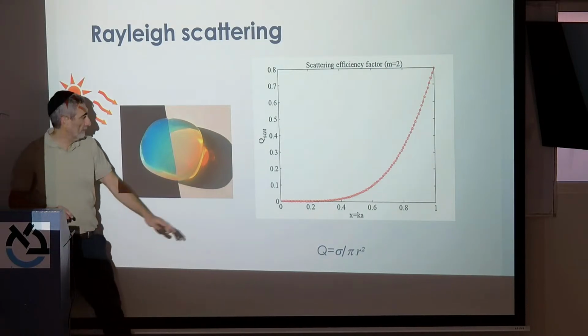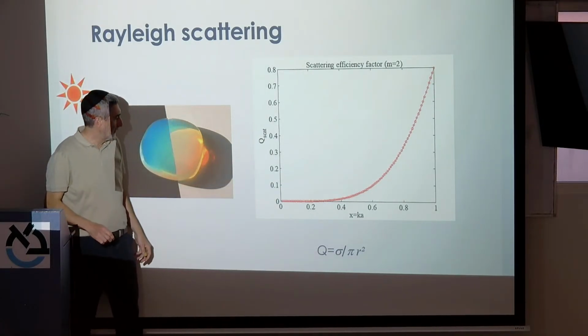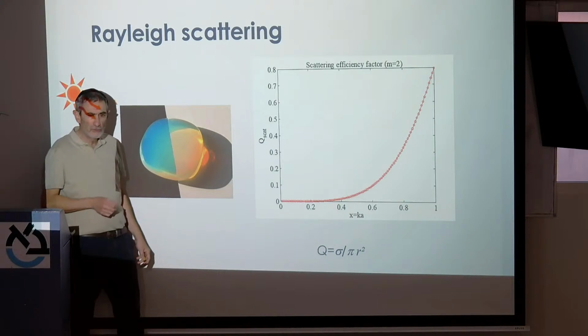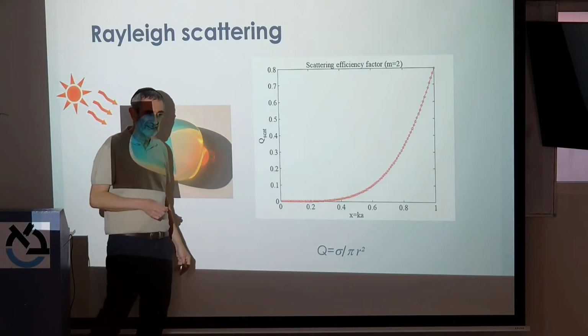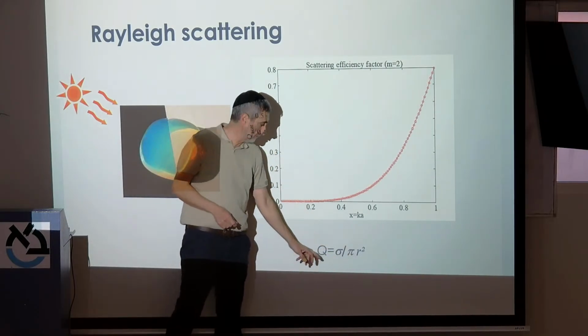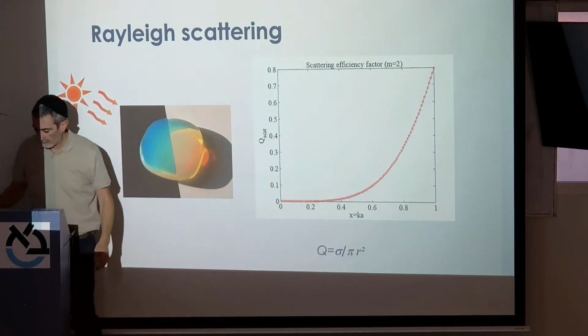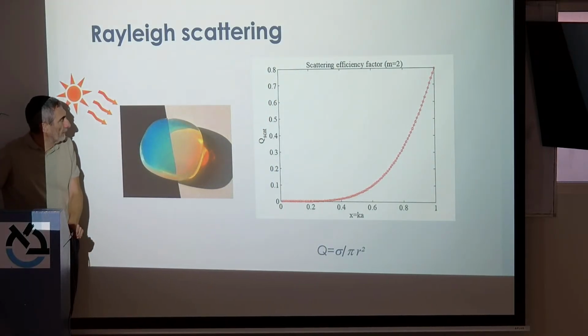We remember this plot that gives you the, how did we call the cube? So that's the ratio between the cross section and the physical cross section, the geometric cross section. Oh, the scattering efficiency. Okay, that's the name.